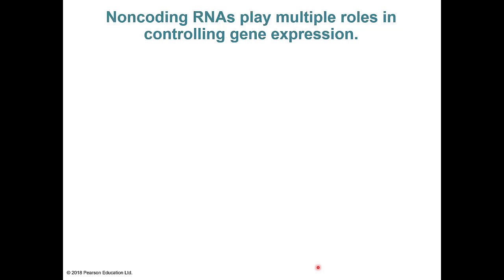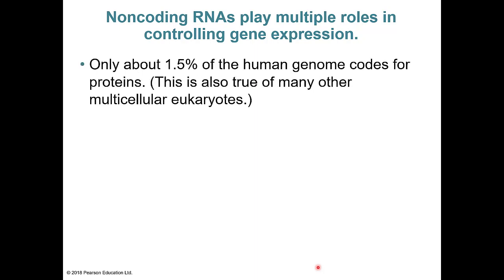We also might go back and look at some of those non-coding sections, those non-coding RNAs. Only about 1.5% of the human genome actually codes for proteins. And that's true for lots of multicellular eukaryotes. It's not just the human genome. What is the 98.5% of the rest of our genome doing? We don't know for sure.